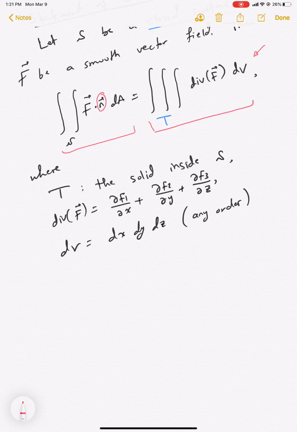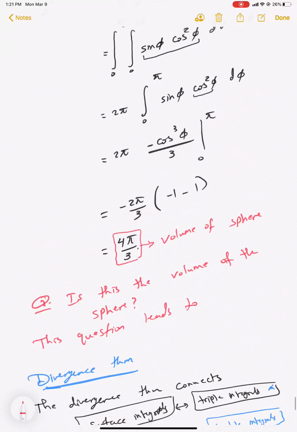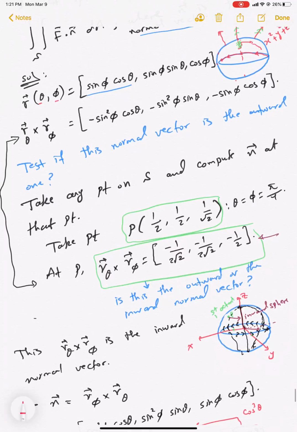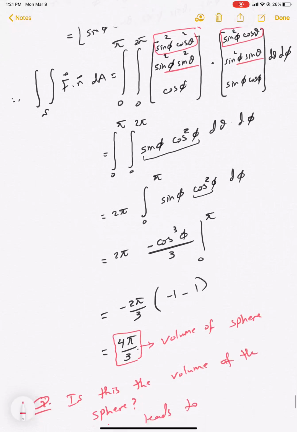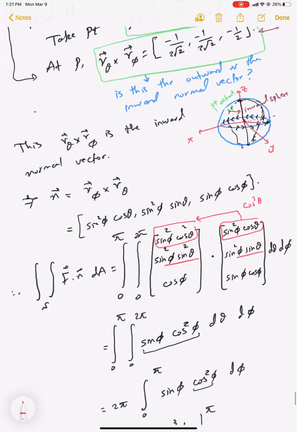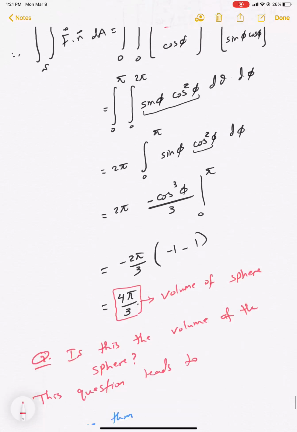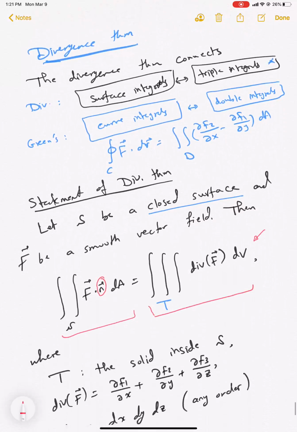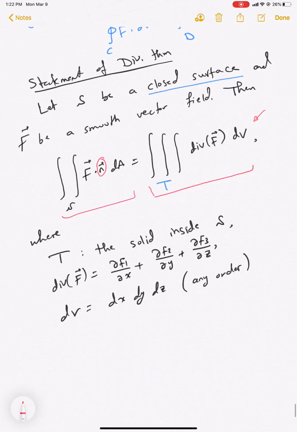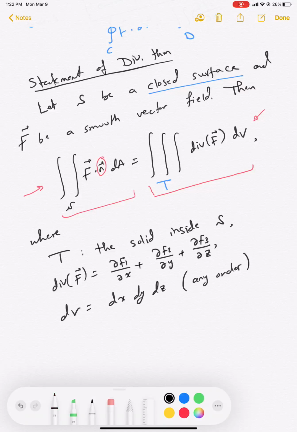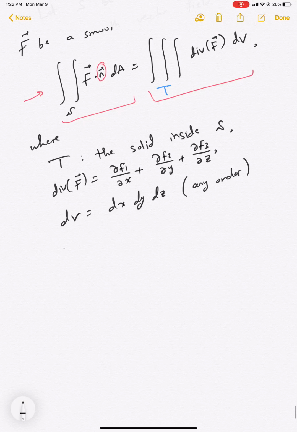For example, if we go back to the unit sphere example, we solved it using the outward normal vector, and in this case, our answer was 4 pi over 3. But in the same example, if we used the inward normal vector, that would give us negative 4 pi over 3. So we are facing this formula where we have 2 sides. One of them always has the same value, while the other one depends on the orientation. So we need to clarify the n.